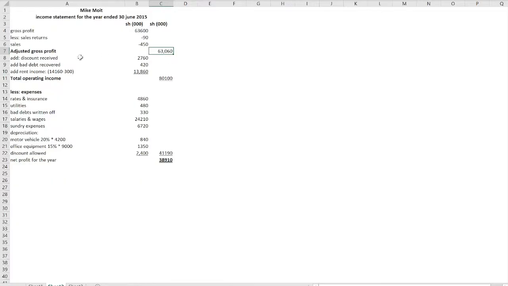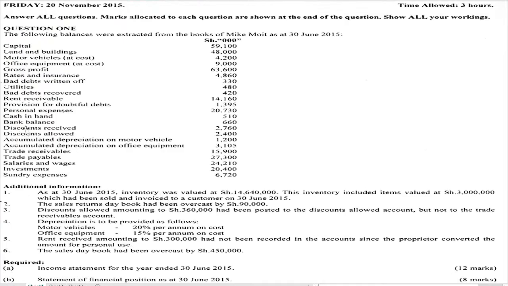And then we are going now to add our income as well as what we have received. We have a discount received from our suppliers, which was 2,760. We also have the income which we have recovered from the bad debts. We have been given bad debts recovered to be 420.